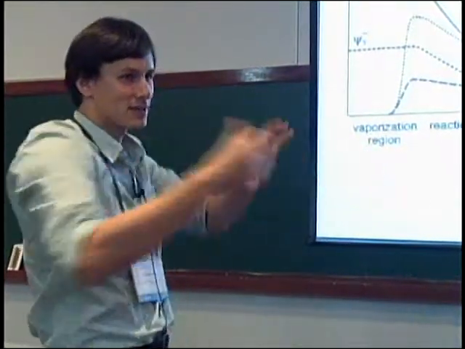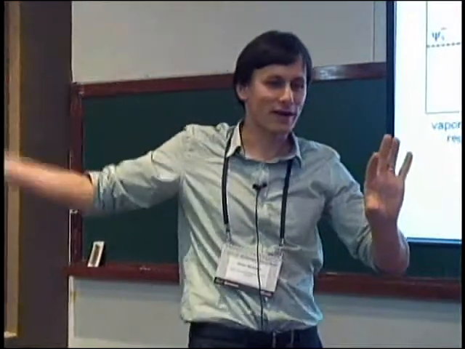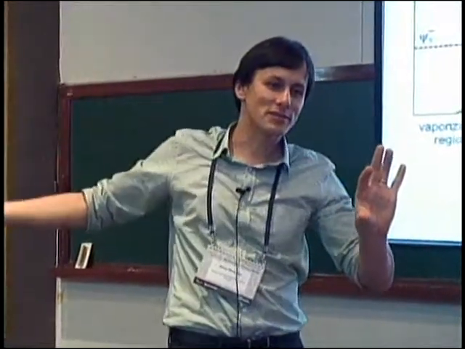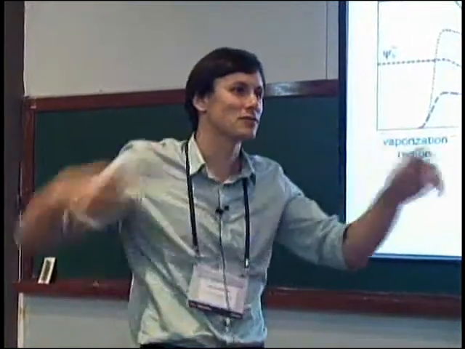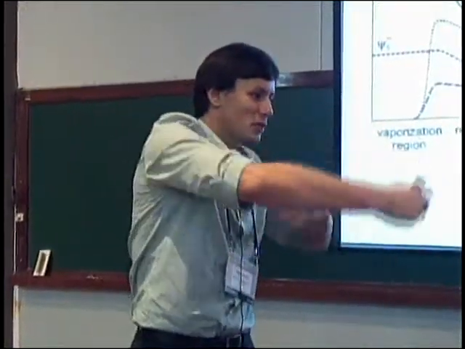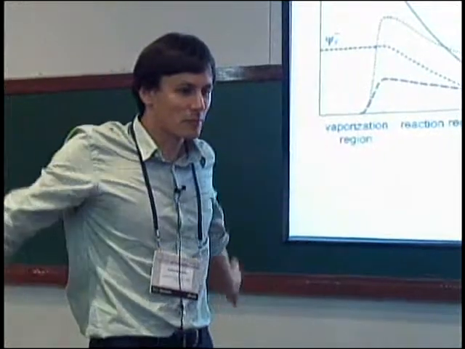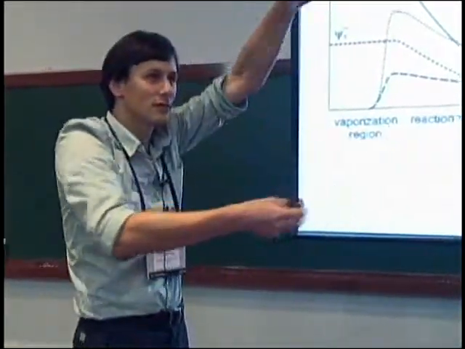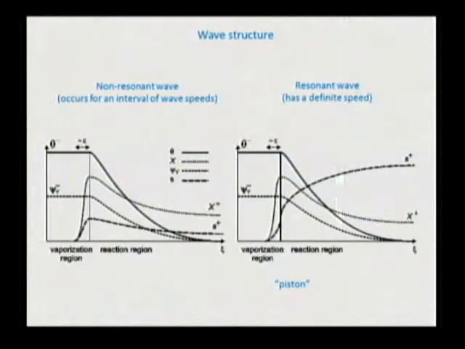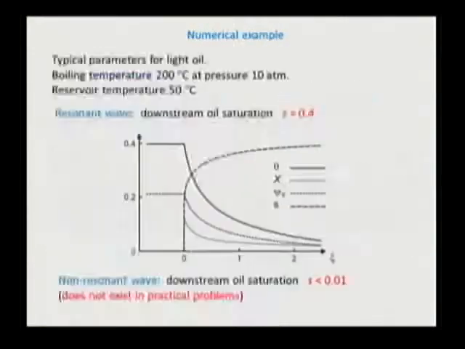So it vaporizes behind, brings this vapor in front, and condenses it in front. There is always a sequence that takes vapor from behind and puts it in front. That's how it also creates this high saturation in the front part.